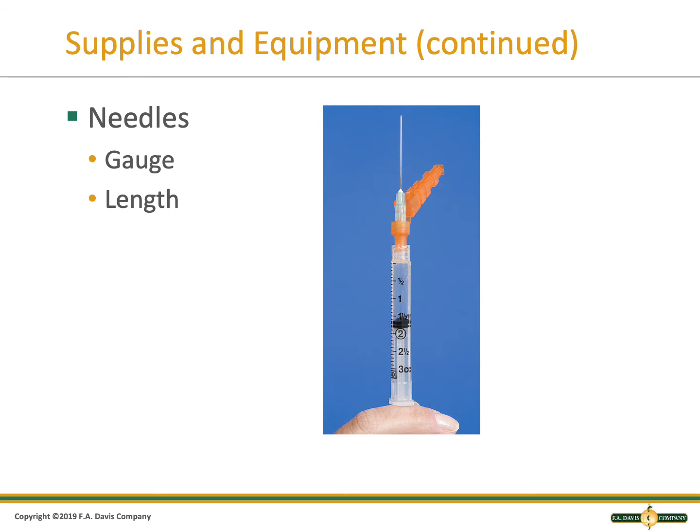Subcutaneous, we use a 23 to 25 gauge needle, 1/2 to 5/8 inches long, and we insert at a 45 degree angle. And then intramuscular, we use a 20 to 23 gauge needle, 1 to 1.5 inches in length, and we give that at a 90 degree angle.